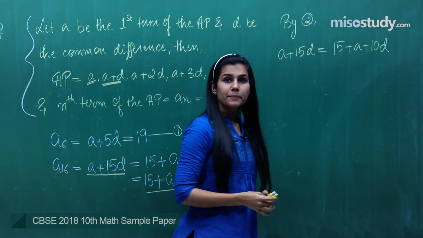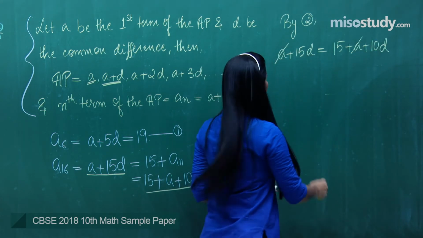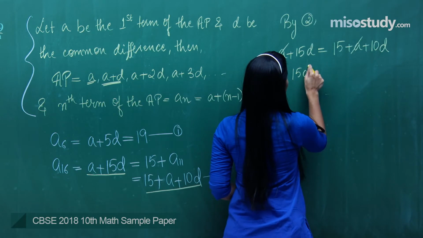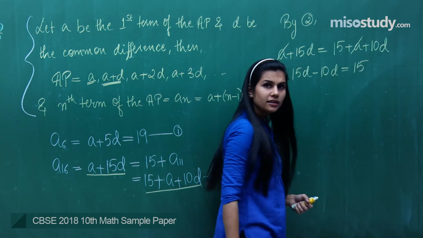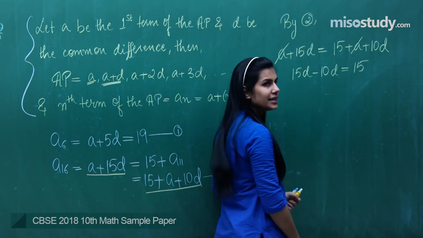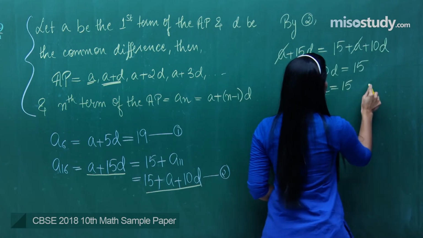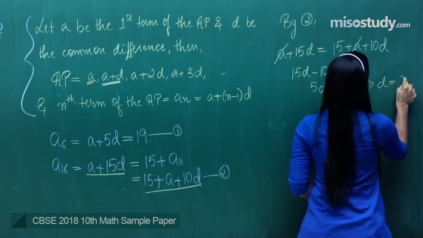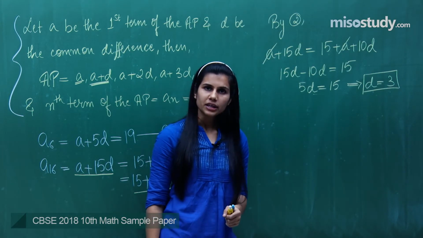So this A gets cancelled, after which you have 15D minus 10D is 15. What is 15D minus 10D? 5D is 15, which implies D is 15 upon 5, which is 3.